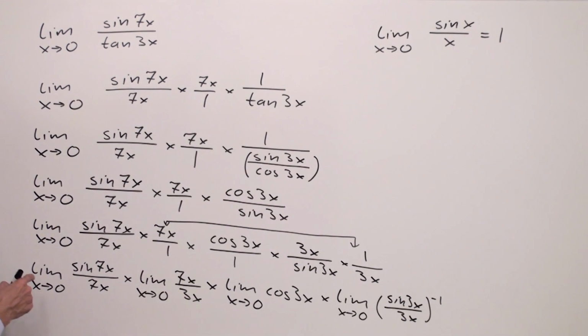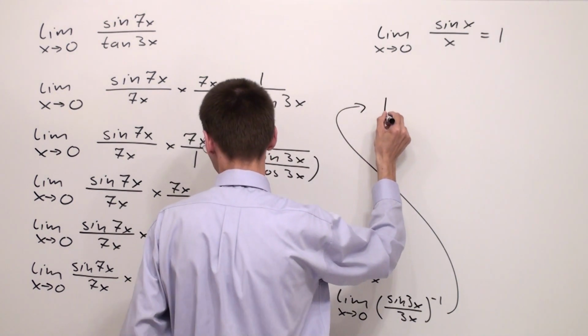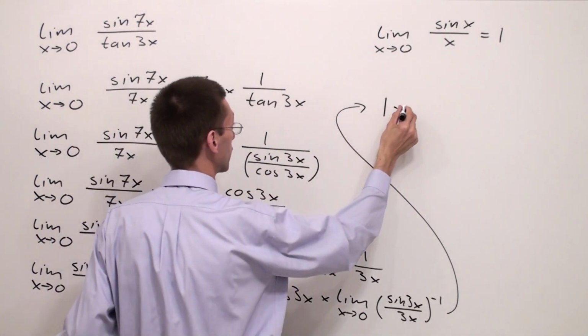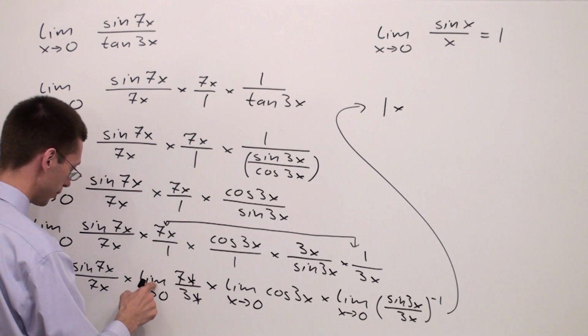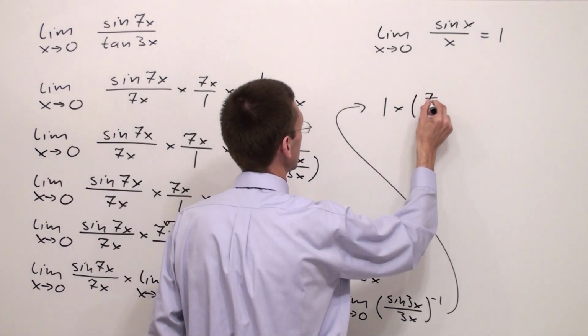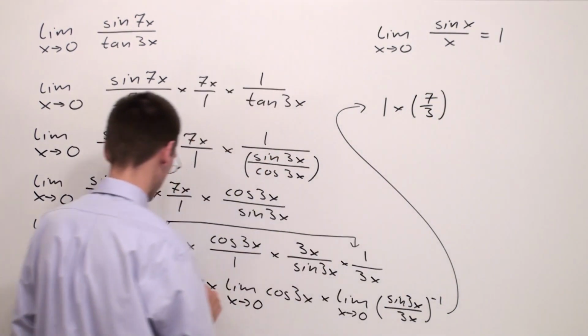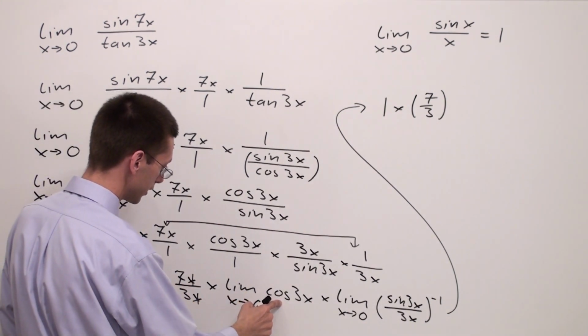So the limit of x approaching 0 of sine 7x over 7x is equal to 1, times, in this fraction x and x will cancel out. I have the limit of a constant, so I'm going to have simply the constant 7 over 3. Now the limit of cosine 3x.